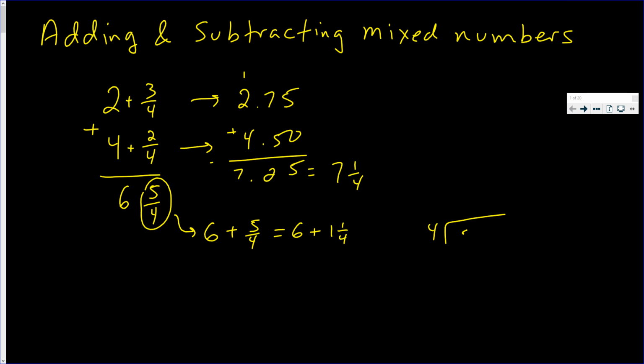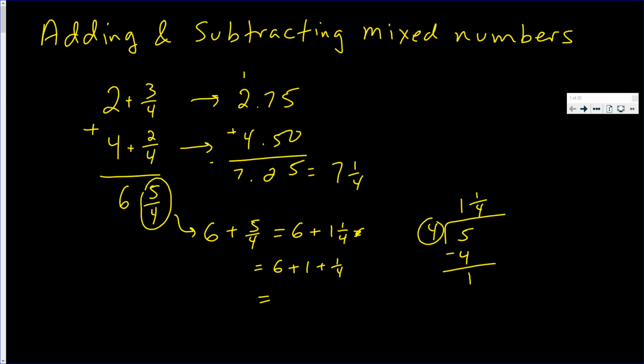You want to work it out? Go for it. 4 into 5 goes one time. 1 times 4 is 4. Subtract. You get a remainder of 1, which gets divided by 4. And remember, this is 6 plus 1 1/4, which is 1 plus 1/4.